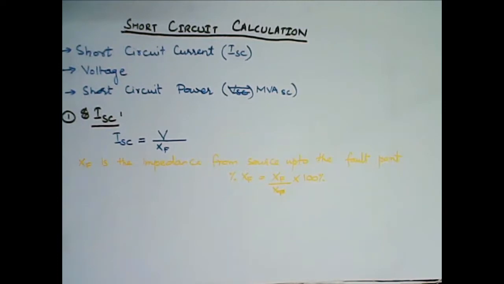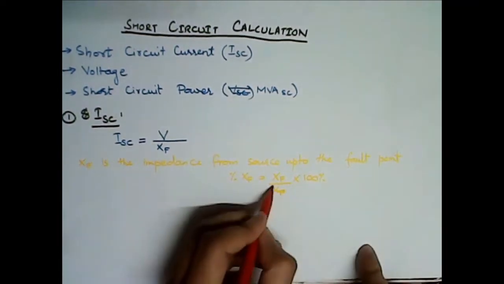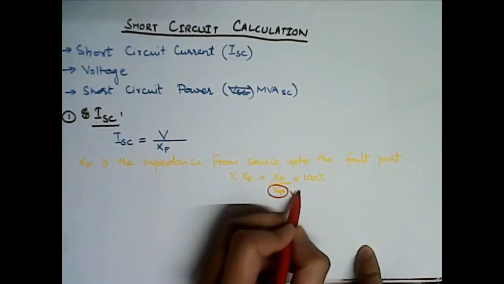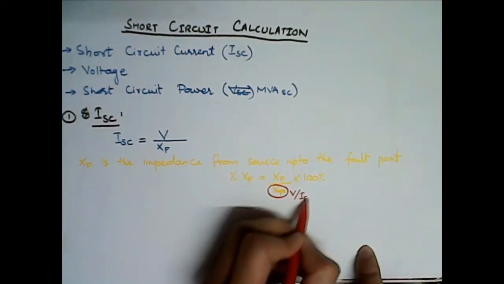Now we know that we can write XT, which is the normal system impedance, as the ratio of the voltage divided by the full load current.